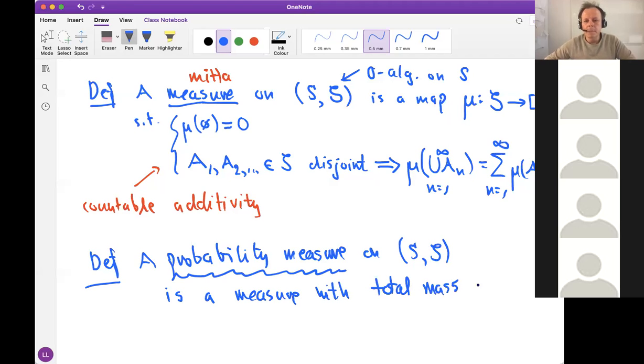The total mass is the measure of the full space, and in this case, it's mu of the set S. Be careful with the calligraphic and non-calligraphic. This non-calligraphic means the full set. And remember also that this full set is a member of the sigma algebra, because the sigma algebra contains the full set by definition. So the total mass is the measure of the full set, and for probability measures, we require it to be 1.